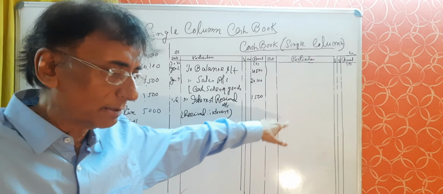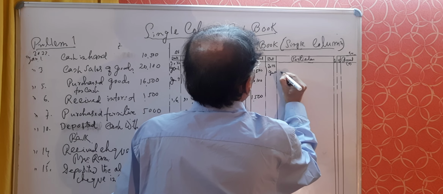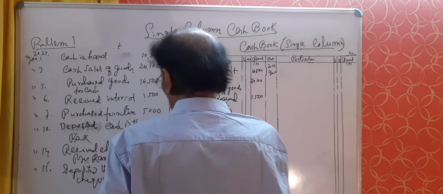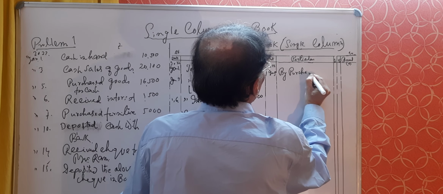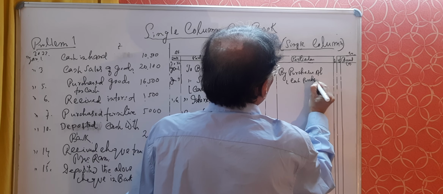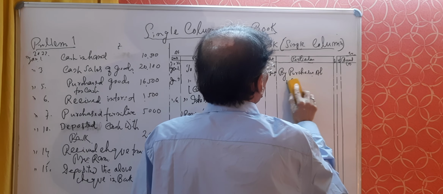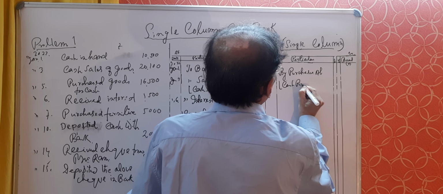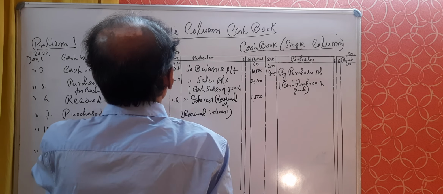We should write here purchase account on January 5th. $16,500.